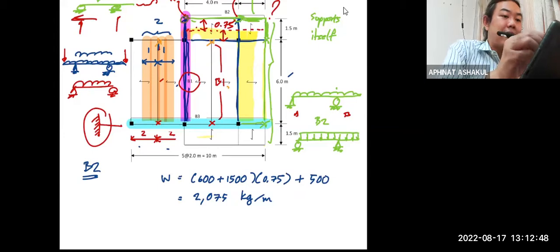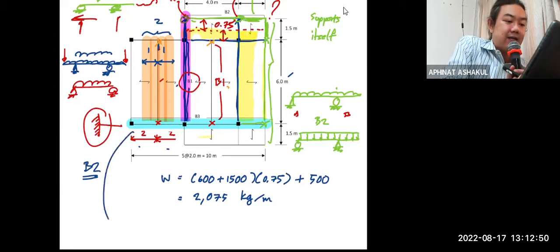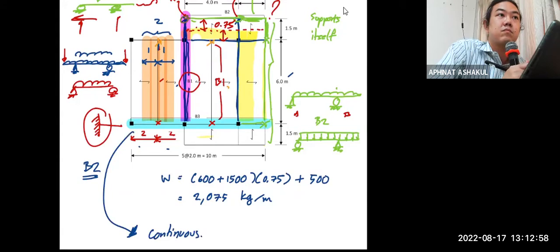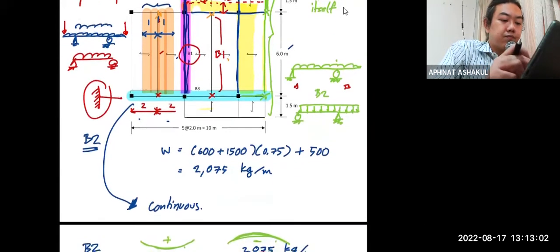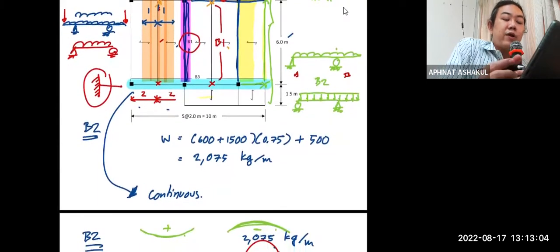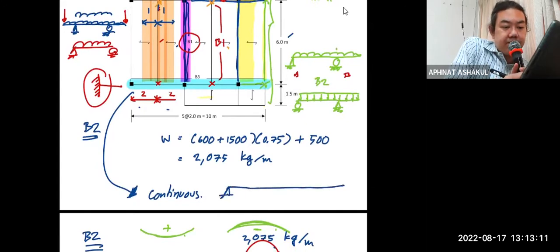We will analyze this as a continuous beam. So what you actually see is something like this.